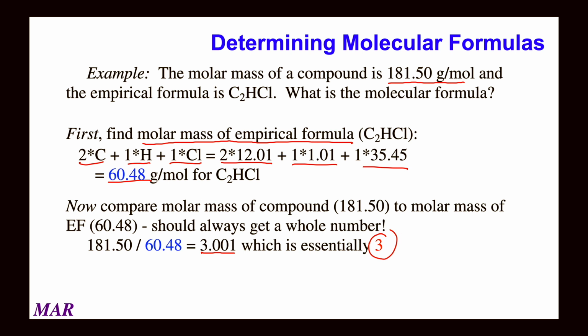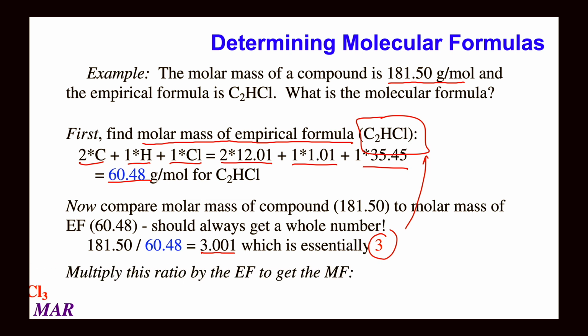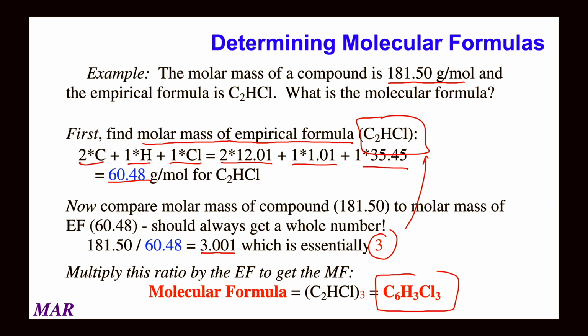So that's the whole number we're looking at. To find the molecular formula, we're going to take that empirical formula and multiply it by 3. So in this problem, C2HCl taken 3 times means that the molecular formula is C6H3Cl3.